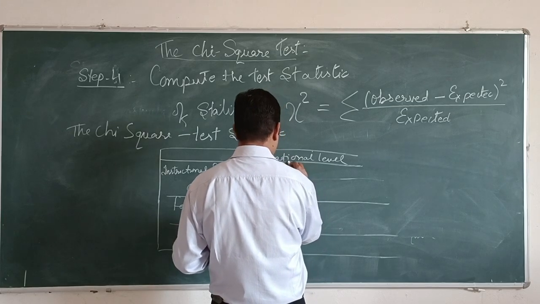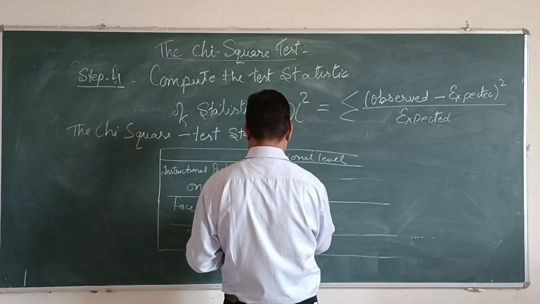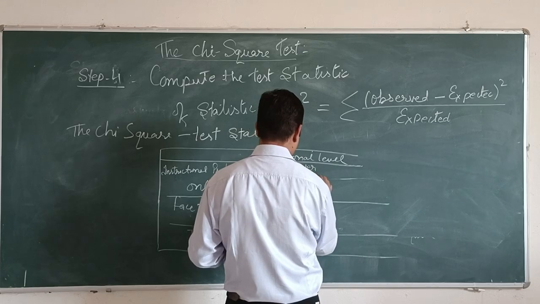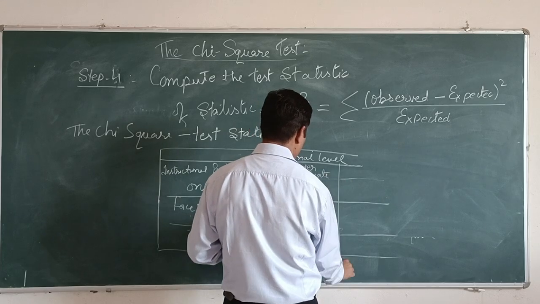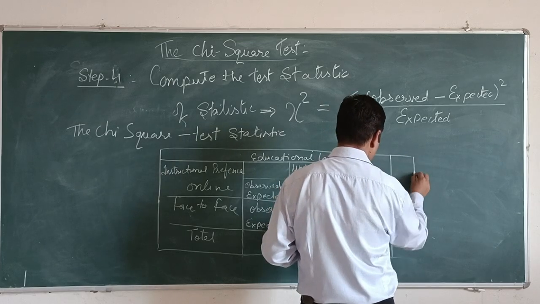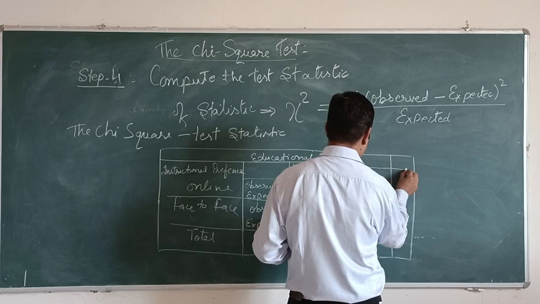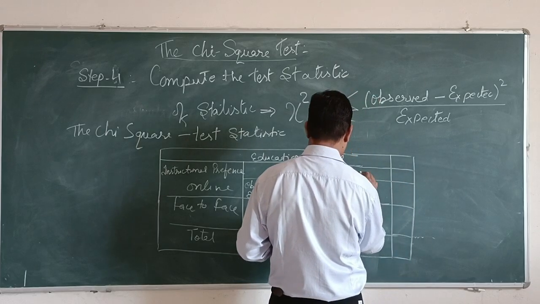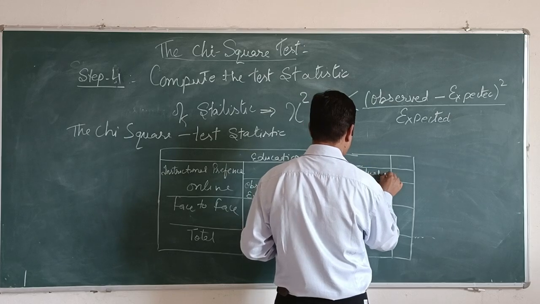This one is for undergraduate, and these values are for graduates, and this is for total.